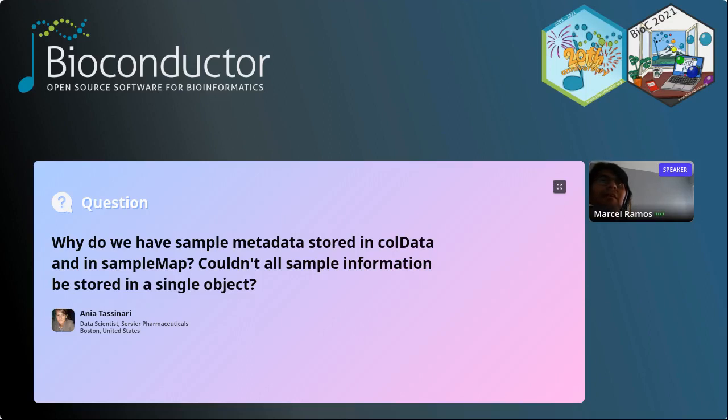So the sampleMap keeps that information isolated, and it makes all the subsequent operations easier, to subset and coordinate the data that way. Good question.